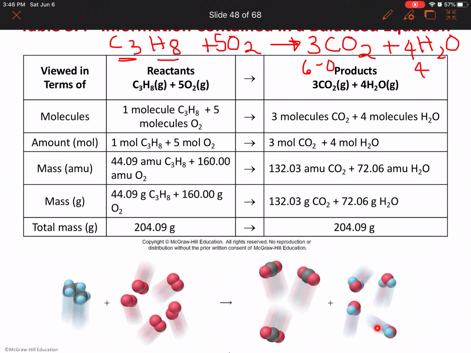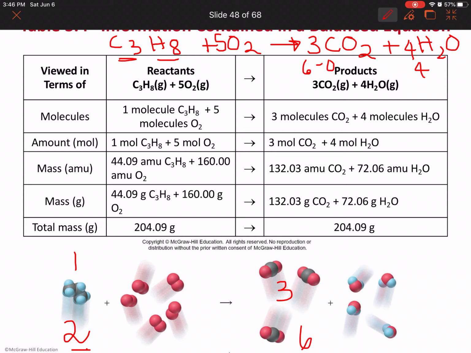Now tell me, this is 1 mole of propane giving you 3 moles of carbon dioxide. What about if you start with 2 moles of propane? How many carbon dioxide molecules would you make? Remember, 1 will give you 3. If you start with 2 moles, ratio is 1 to 3, then 2 to 6.